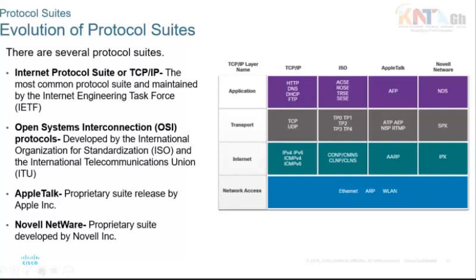So here, this is the TCP/IP layer naming. For the TCP/IP, we have the application, the transport layer, the internet layer, and then the network layer.